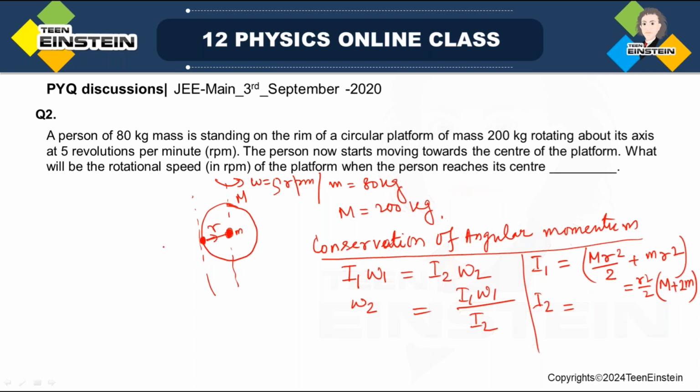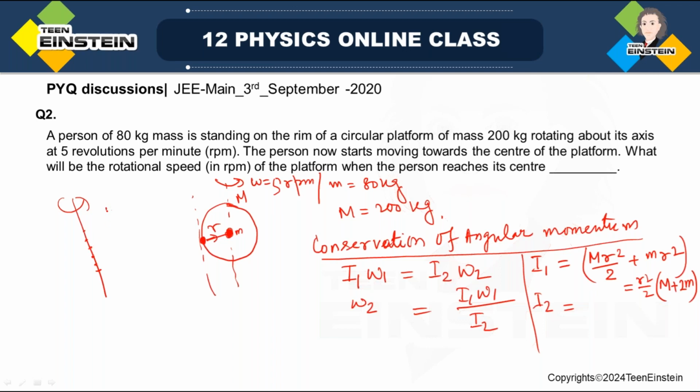Since I know in rotational motion, any mass sitting on the center, like on the axis of rotation, doesn't rotate at all. So there is no rotational inertia associated with the mass which is sitting on the axis itself.